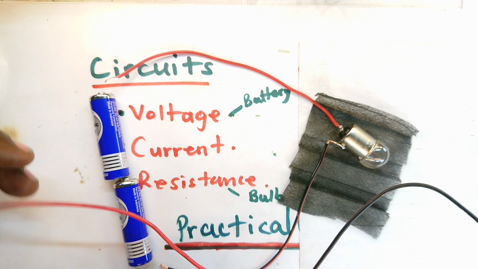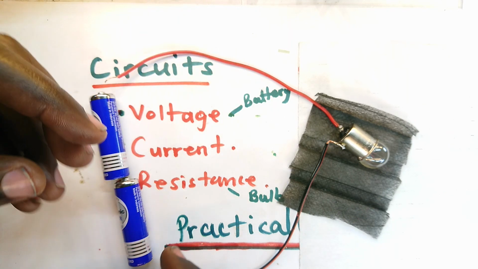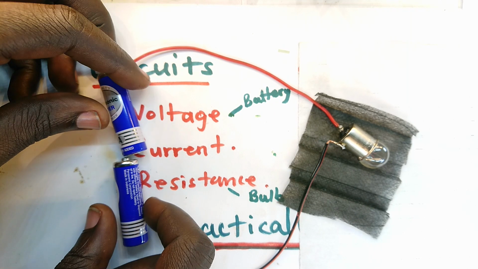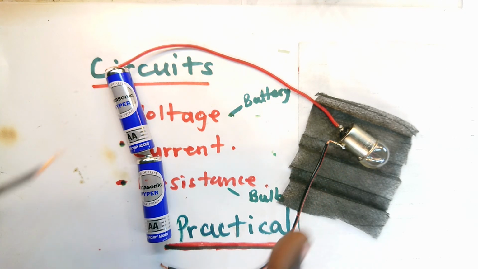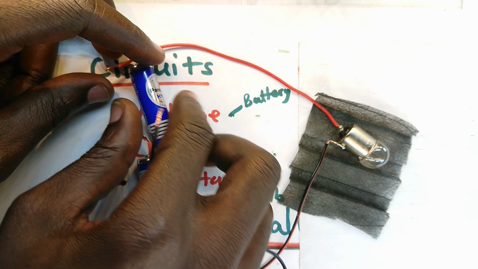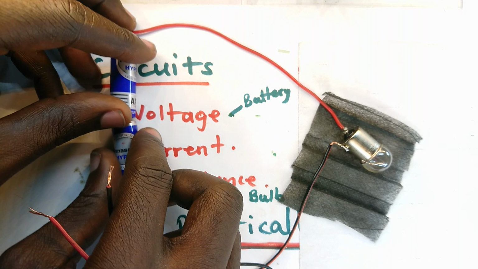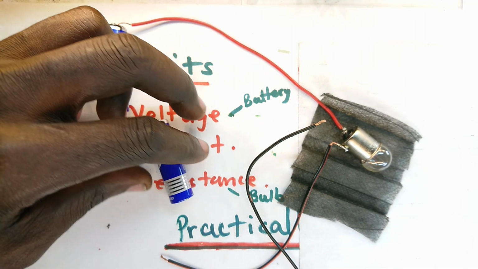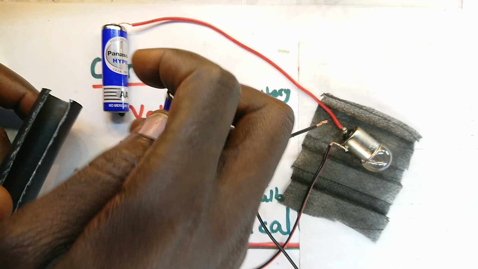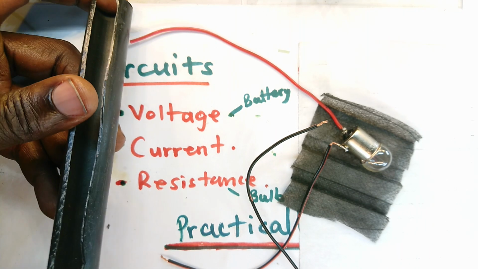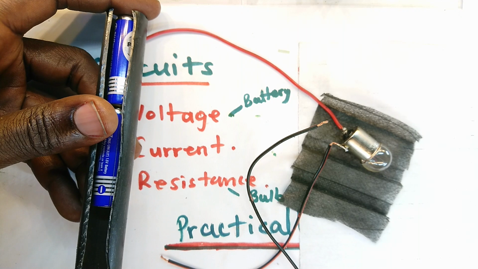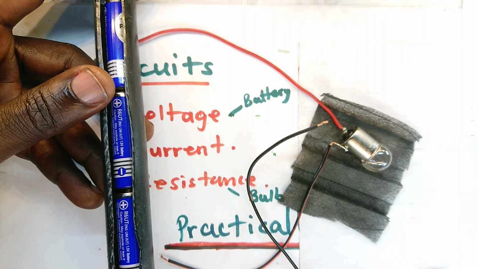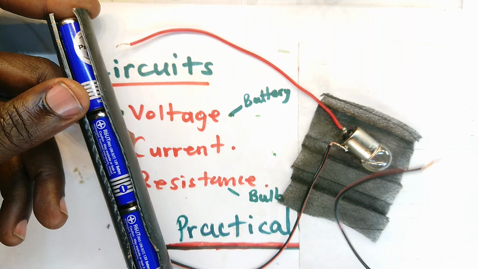Now I'm going to add this into the circuit to increase the resistance and show you that it causes a reduction in the work done, in terms of reduced brightness from that bulb. Let me take it back to 6 volts so that the effect is easy to see. That means I'm going to use 4 dry cells.